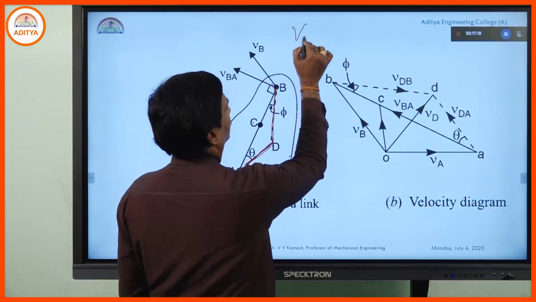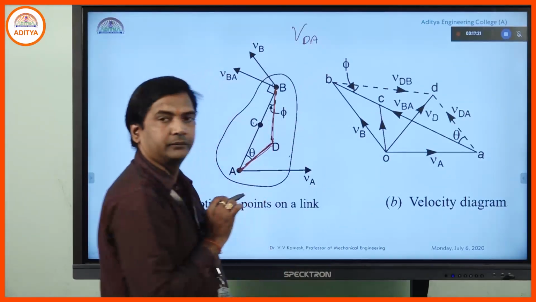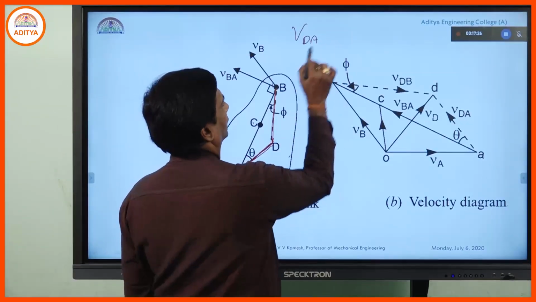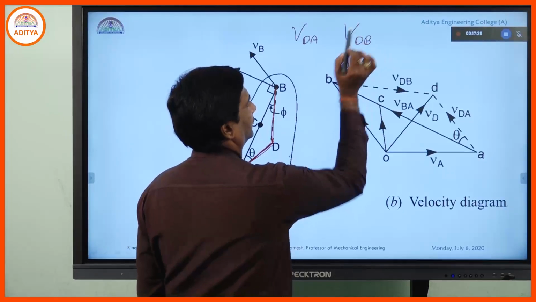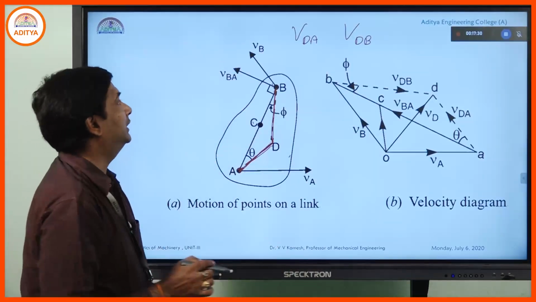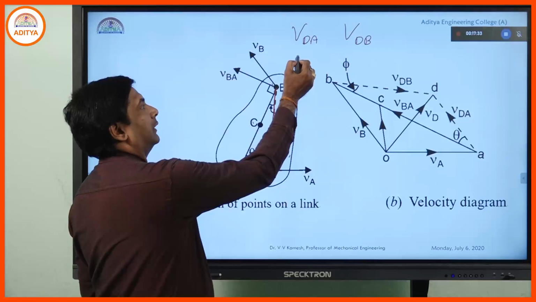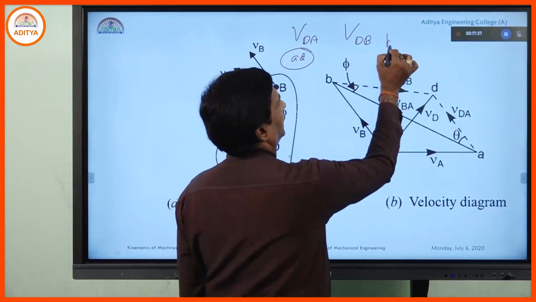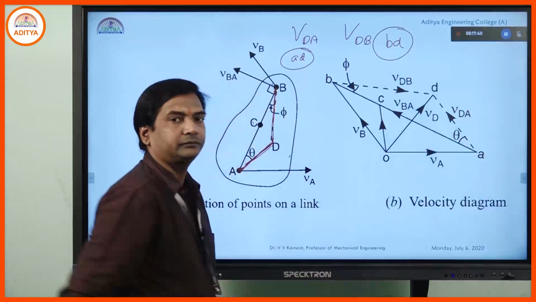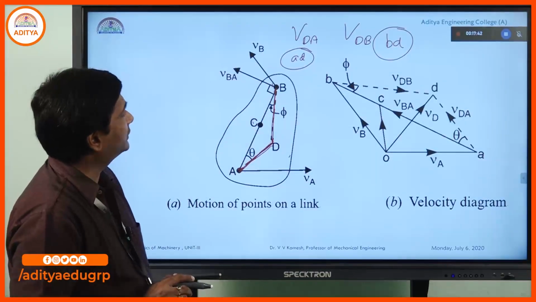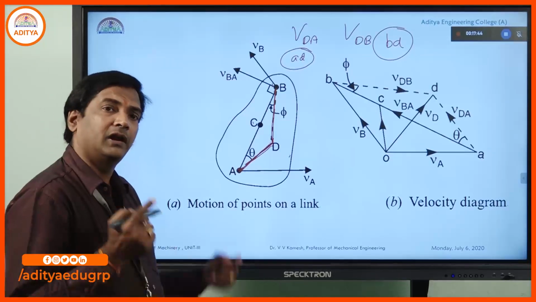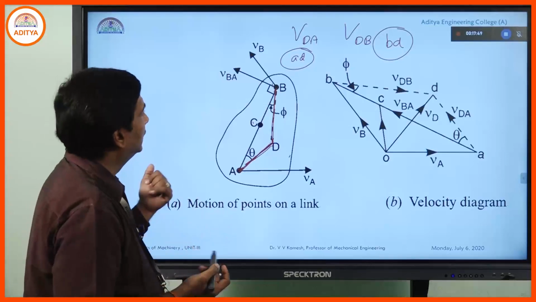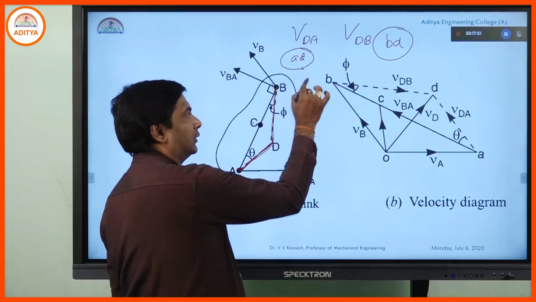So velocity of D with respect to A is to be identified, and velocity of D with respect to B is to be identified. That means AD is to be drawn and BD is to be drawn. When both are drawn, automatically we will get the intersection point, which will become small d, right?